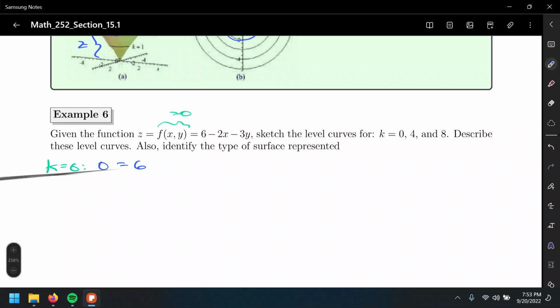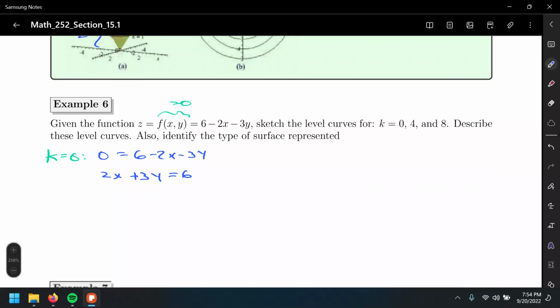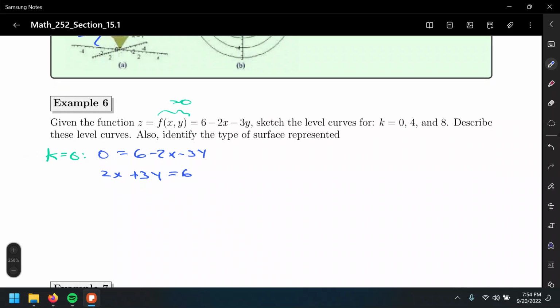0 equals 6 minus 2x minus 3y. In this case, solving the equation, having all the variable terms on the left hand side, that's 2x plus 3y equals 6. So what kind of equation is this? We're no longer looking at the surface. Now we have two variables, x and y, so we're looking at curves in this case.